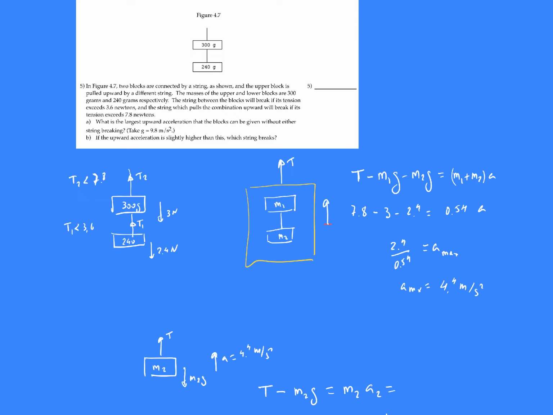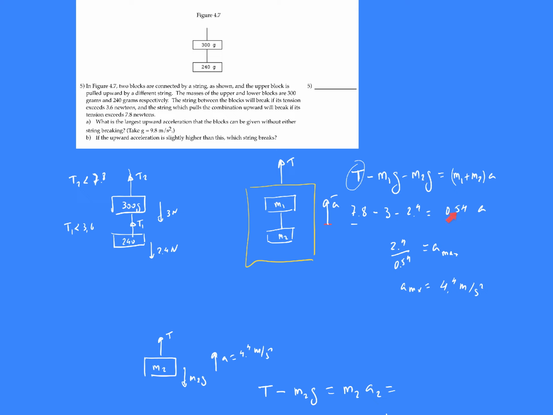So I produce acceleration in the direction of the total force, and this T has to be the maximum, which is 7.8. So I have 7.8 going up, the maximum. I have 3 newtons going downwards, the weight, and 2.4 going downwards, the weight of M2.